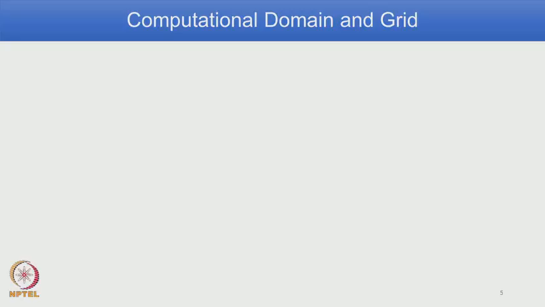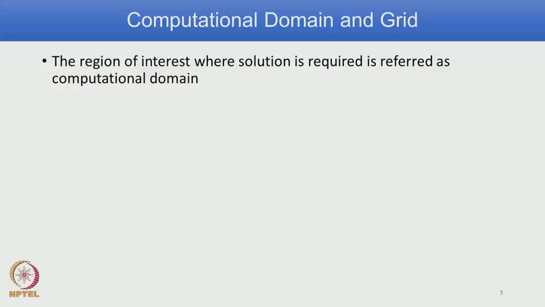We mentioned that the domain where you are solving needs to be specified, and this is known as the computational domain. By definition, it is a region of interest where solution is required, and the extent of the domain is important. How far you are going in a particular direction is important.